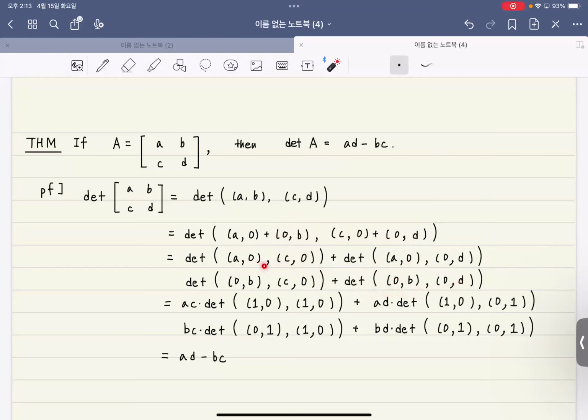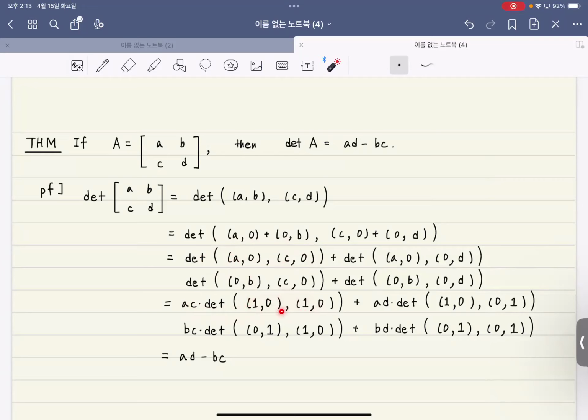Now, again because of linearity, we can consider A, 0 as A times 1, 0, and C, 0 as C times 1, 0. Again by multilinearity, A and C can be put out of the determinant function. So the first term can be written as A times C times the determinant of 1, 0 and 1, 0.